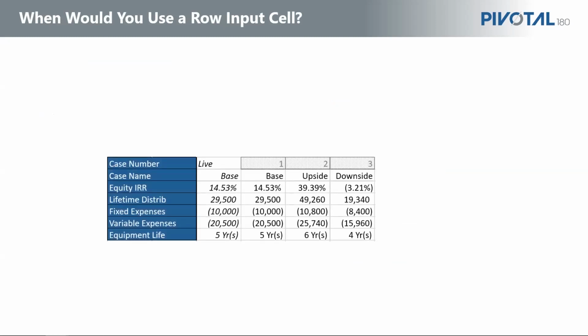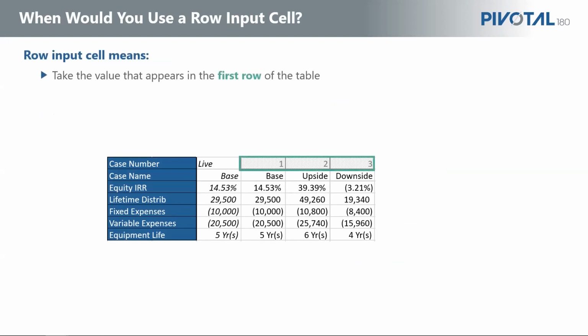So alternatively, when would we use a row input cell? Well, if our data table was configured with the axes flipped, it might look something like this. And what would the row input cell mean? It would mean we are asking Excel to take the value that appears in the first row of the table, that 1, 2, 3, place that value into a cell that we're going to identify as the row input cell.